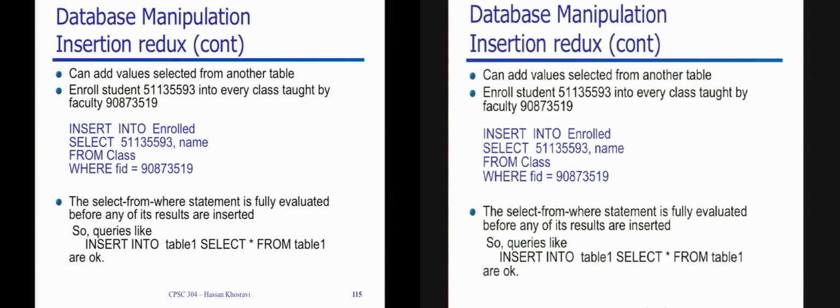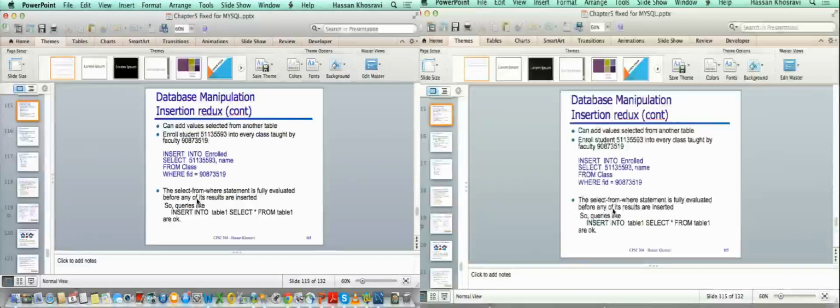So what I'm going to do is say insert into enroll, and this is what I want to be inserted. Select the student ID, so the first attribute is going to have that value, and then name, and then class, and then I have a where condition, where the FID is the professor's ID.